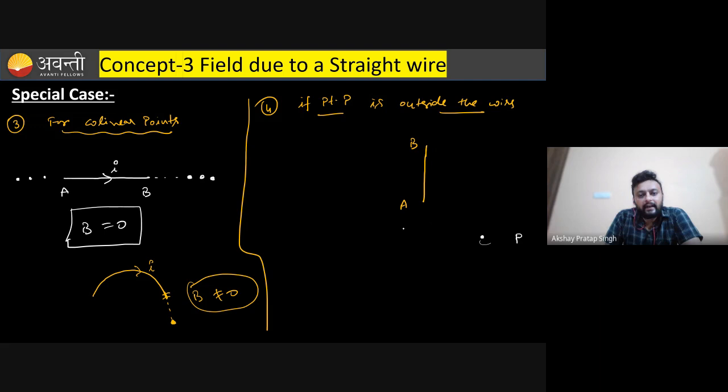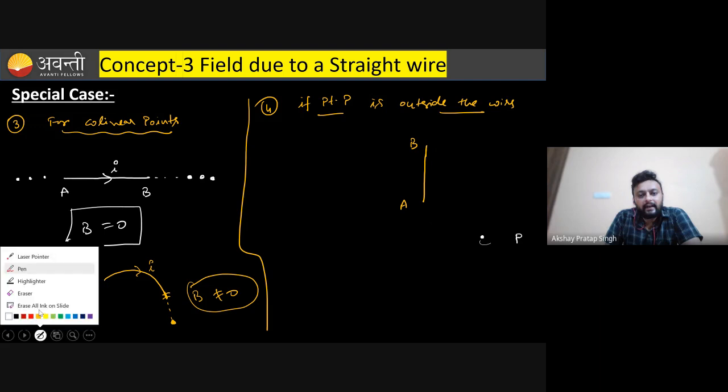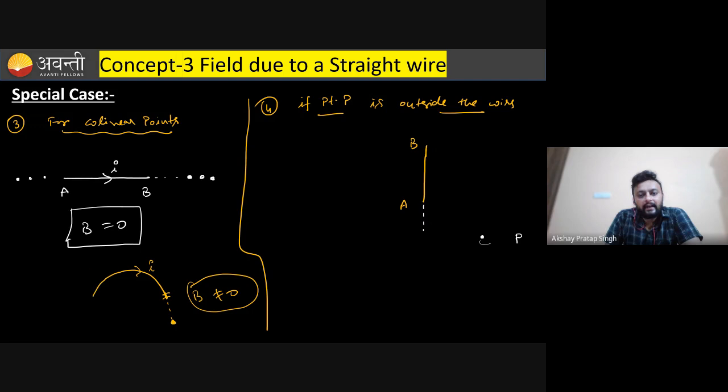Now, first of all, you need to find the perpendicular on the wire, because only the AB part is the wire. To draw the perpendicular, you must extend the wire. So this white line is not part of the wire.